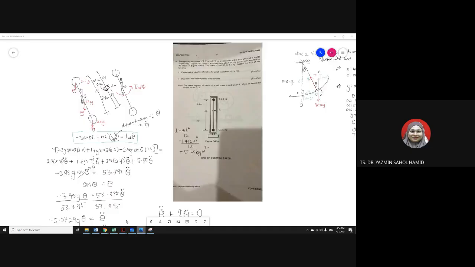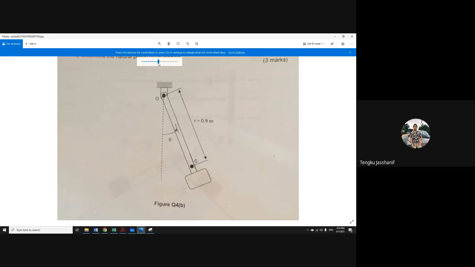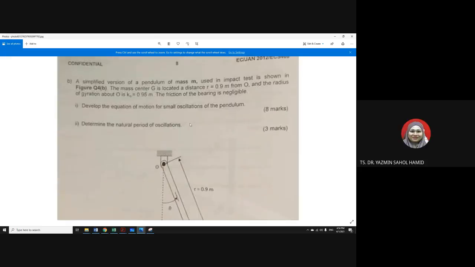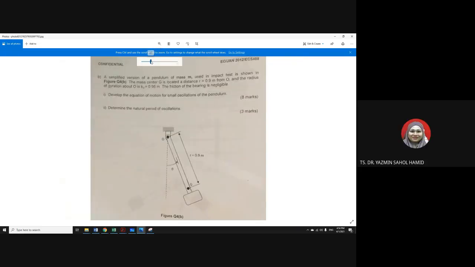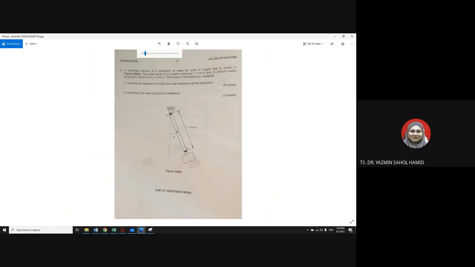Lepas tu saya ada share lagi satu soalan, betul tak? Ada tak dapat soalan ni? Ada. Yes. Rasanya boleh buat tak? Nah, soalan ni sama je macam tadi, cuma bezanya dia bukan ambil dekat point G tu, dia ambil dekat point O. Lepas tu bezanya untuk calculate I, you kena calculate pakai formula MK squared sebab dia bagi apa?